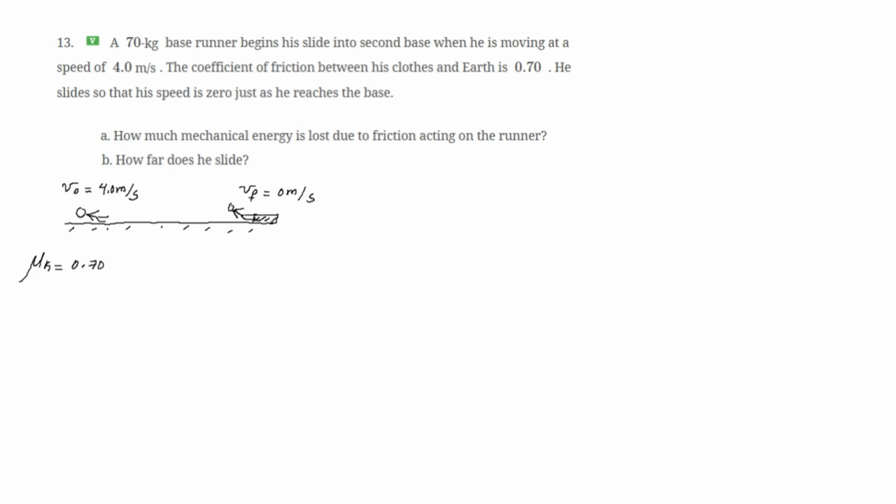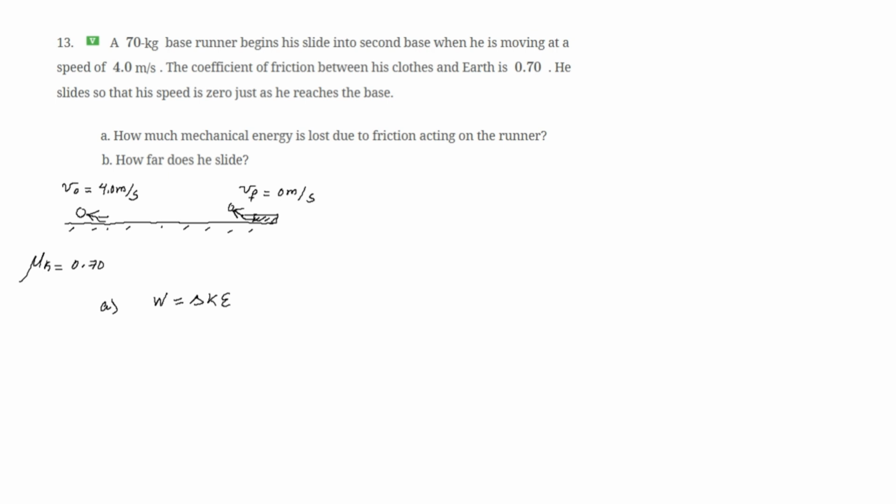Well, the first thing that we are going to do here is to calculate the variation of kinetic energy. Because remember the work energy theorem says that the work is equal to the variation of kinetic energy. This is work done by an external force, the force of friction.